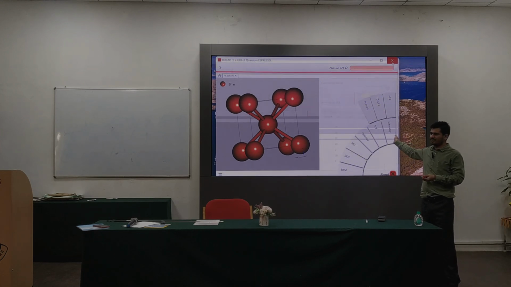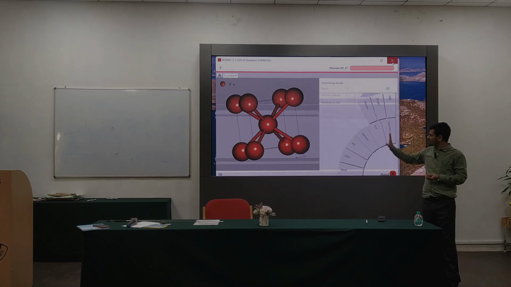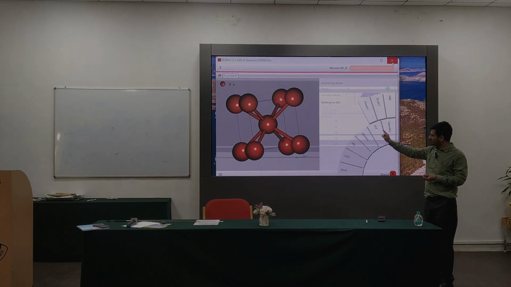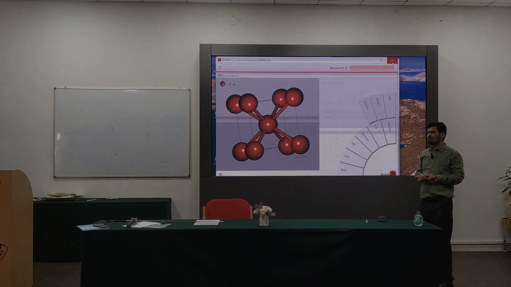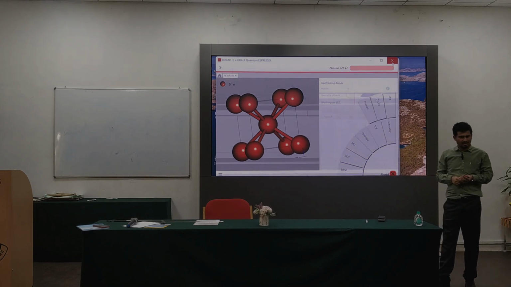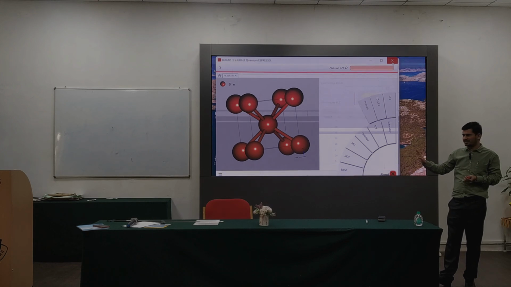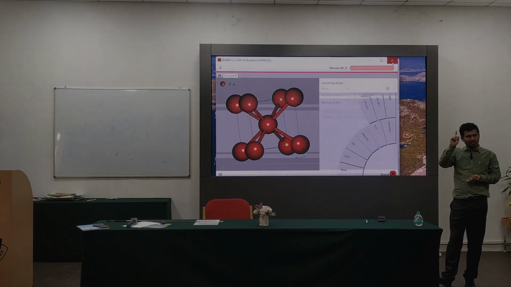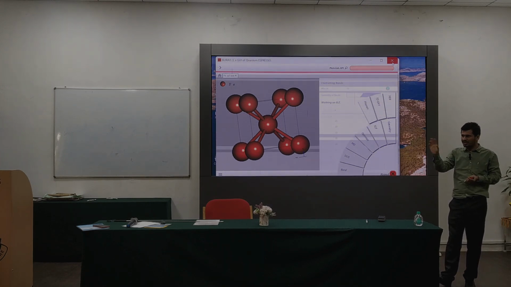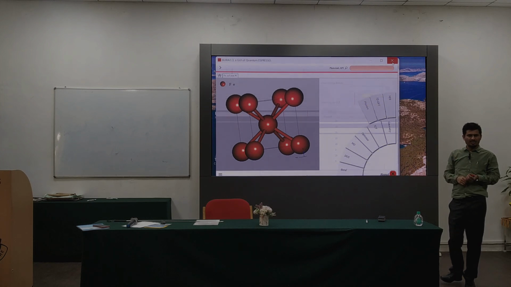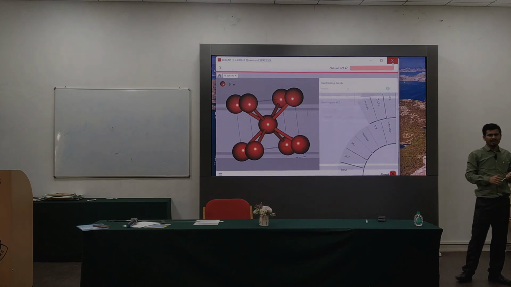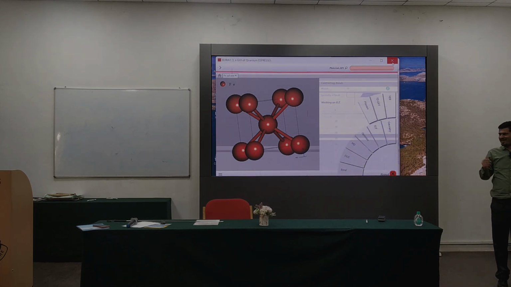Those parts I didn't touch, because this material I can use as a quantum computing material. I can play with the spins, I can put one number, two numbers, three numbers. Anyway, we'll discuss more if I get more time to come here.